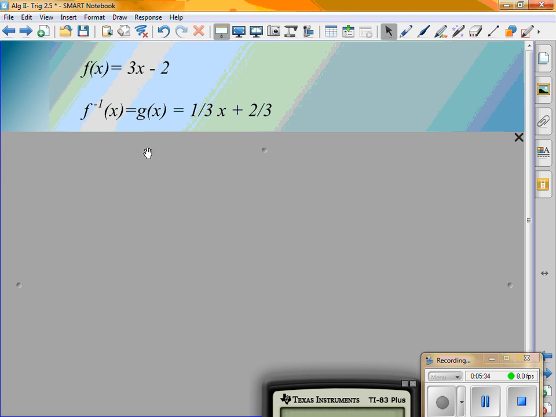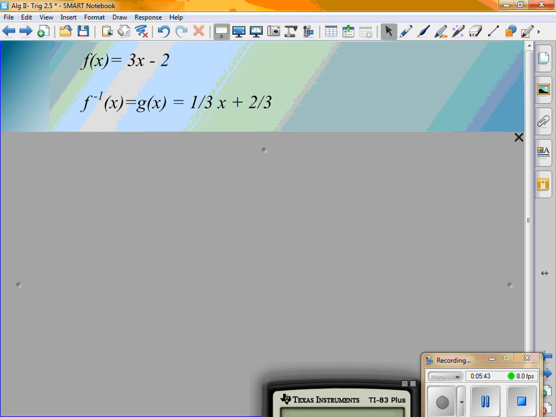That is called the inverse of f of x. If you see this notation, it just means it's the inverse of this. I'm just going to call it g of x here.